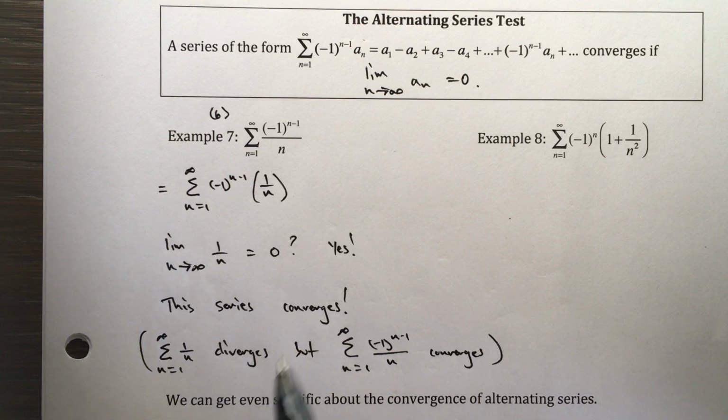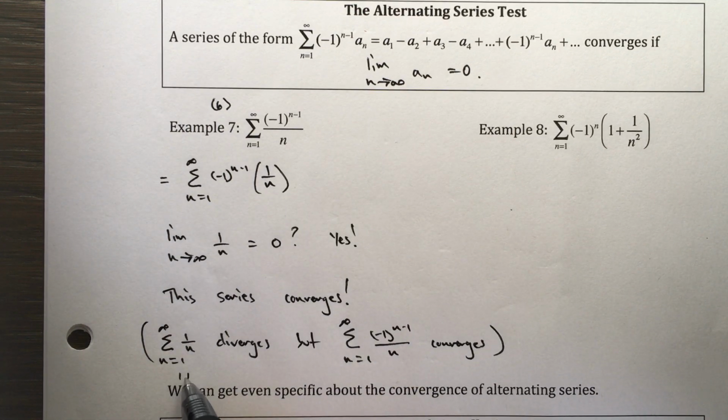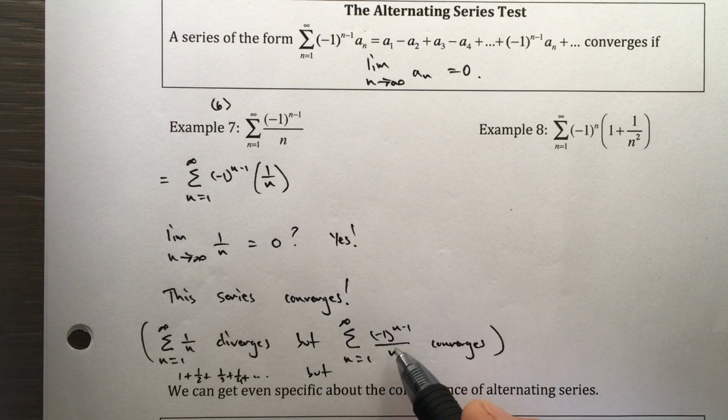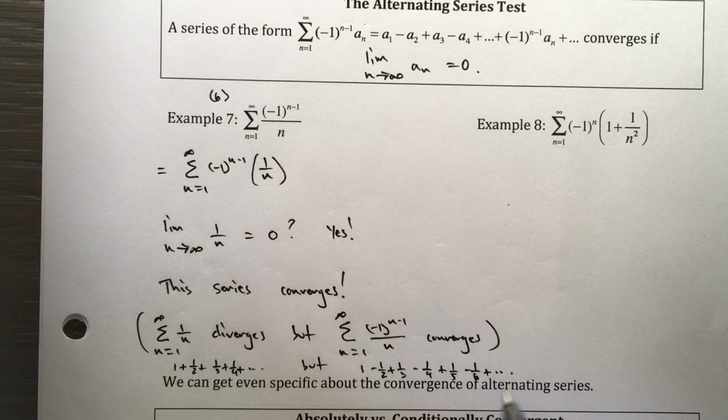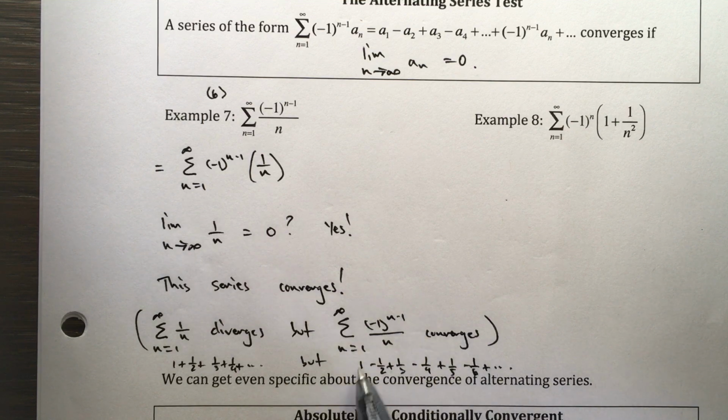So if you think about this, this would actually be 1 plus 1/2 plus 1/3 plus 1/4 plus ... But this would be, let's see, if we plug in 1, we're going to get positive. So 1 minus 1/2 plus 1/3 minus 1/4 plus 1/5 minus 1/6 plus ... So because we're adding and subtracting, our sum is going to be much smaller, and so this converges, but this diverges.